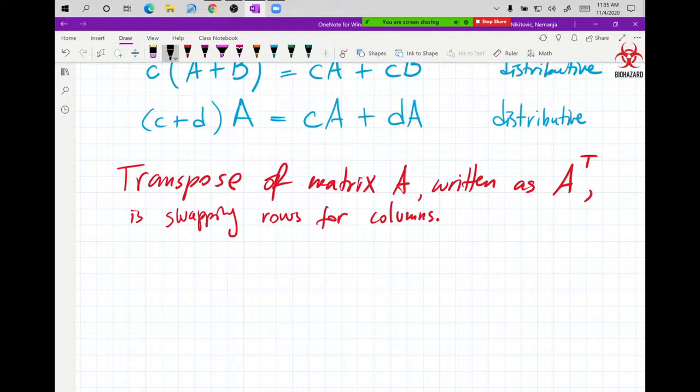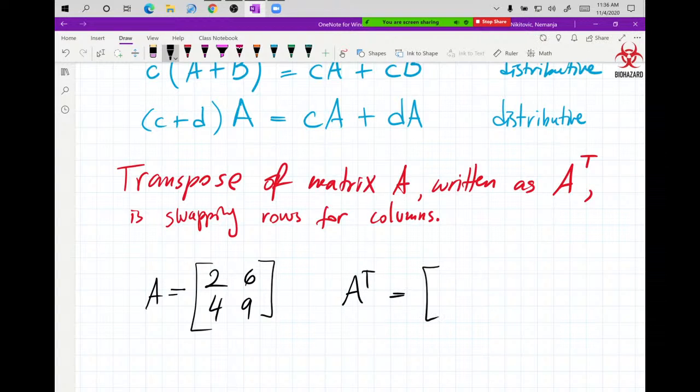So if I have a matrix A that is 2, 6, 4, and 9, then A transpose is going to take 2, 6 and put it this way, and it's going to take 4, 9 and put it this way.